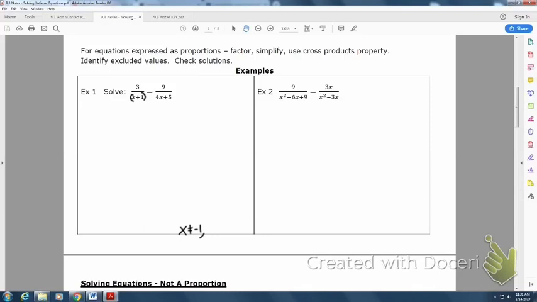Okay, I get it from 4x plus 5, but what would that give me? If I set that equal to 0, what would I do first? Subtract 5. Then what would I do? Divide by 4. So negative 5 over 4.